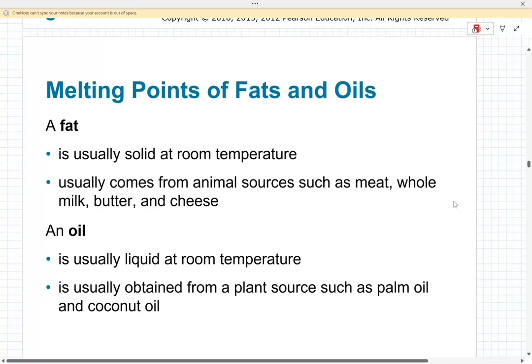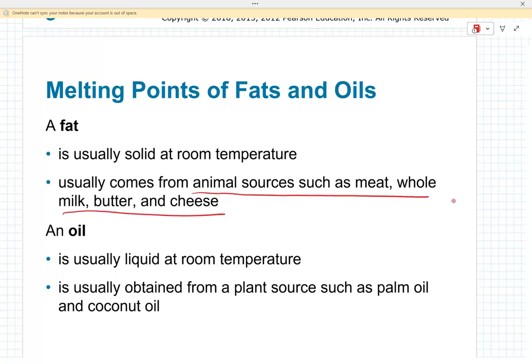Now, melting points. As we mentioned before, fats are solid at room temperature because animals use saturated fatty acids when they produce triacylglycerols. Okay? Oil is usually liquid. Not all of them. Coconut oil is not liquid, but some differences.